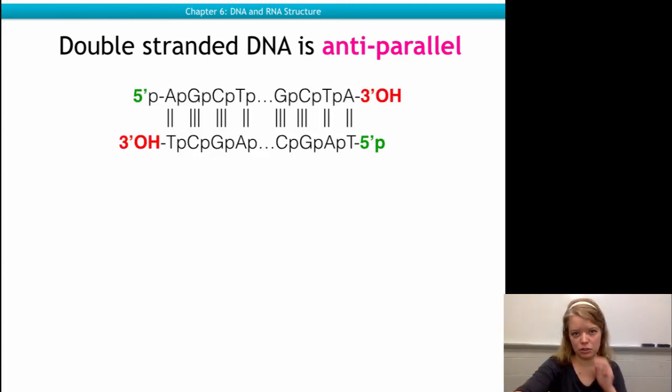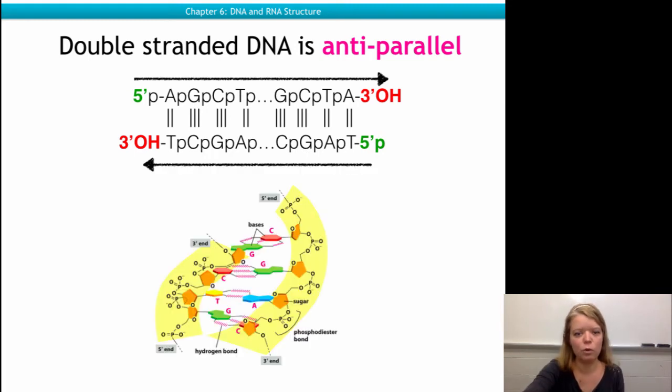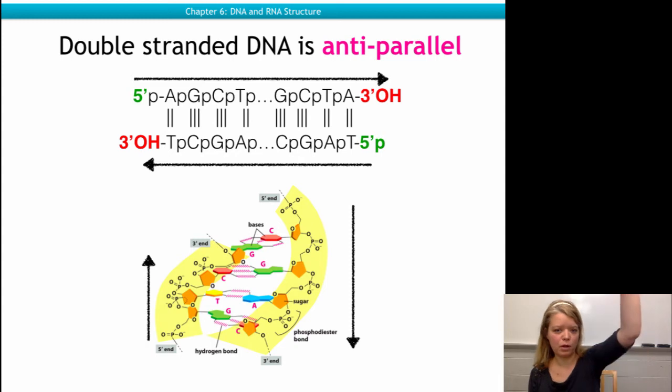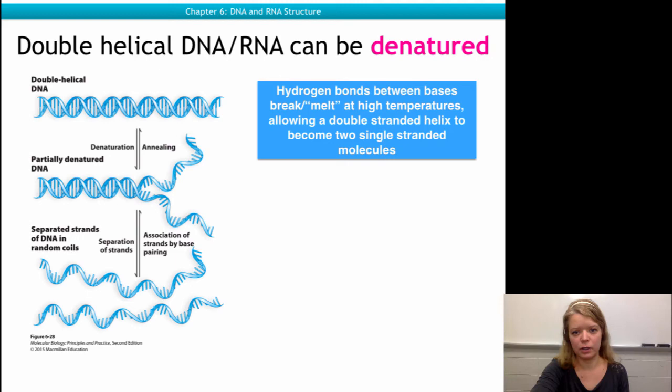As in the pictures here, you can see the top strand has a 5' phosphate on this side and the 3' OH here, and the bottom strand of this flattened out DNA double helix is oriented in the opposite direction. Or if you look at the actual molecule, the image that we saw earlier, you can see that this side of the helix is going 5' to 3' this way, and the other strand is going anti-parallel to it.